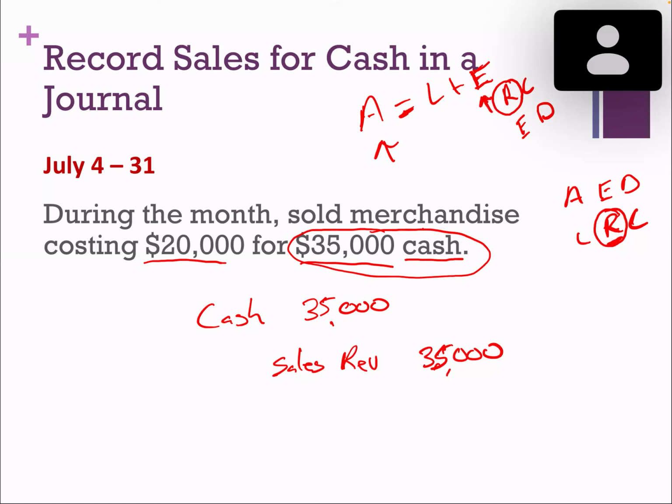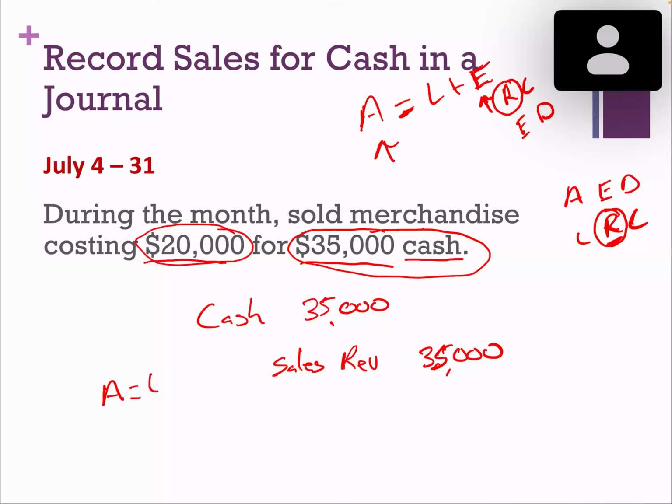Okay, so that's one part of it. The issue with this journal entry, what makes it challenging, and the reason that it'd be in a later chapter, is we also have to take into account that we no longer have that merchandise, right? Like $20,000 of our merchandise that we had for sale is no longer for sale because it's gone. Okay, so let's look at that part of it. So we'll do it down here.